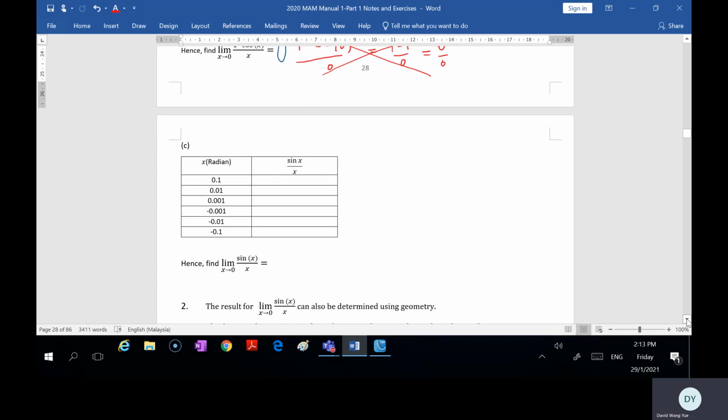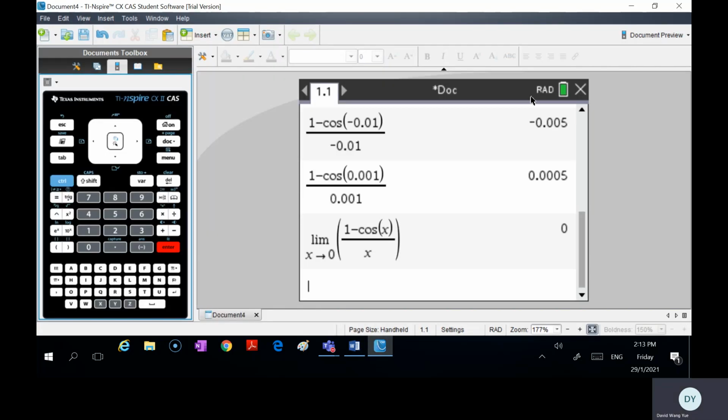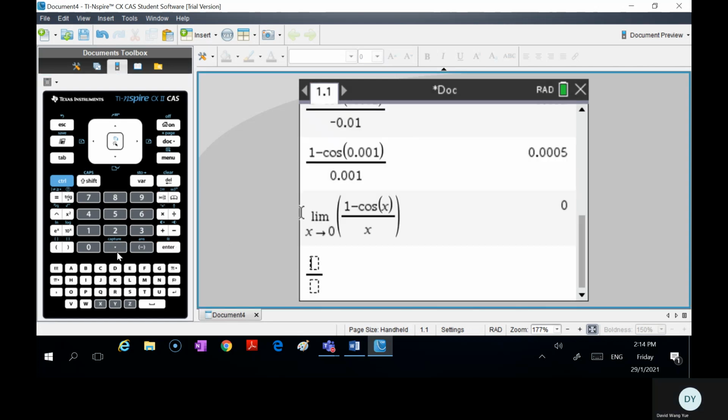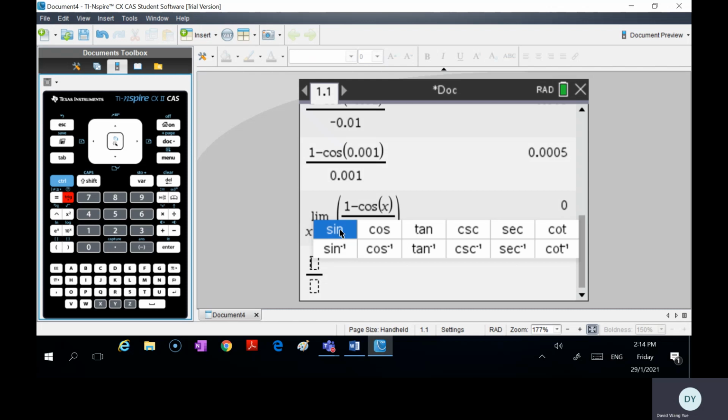And then the limit of sin x over x. Once again, we get a fraction. This time it is sin x.